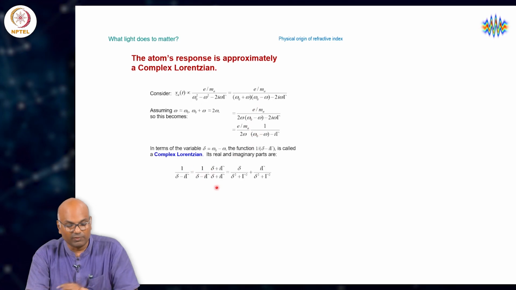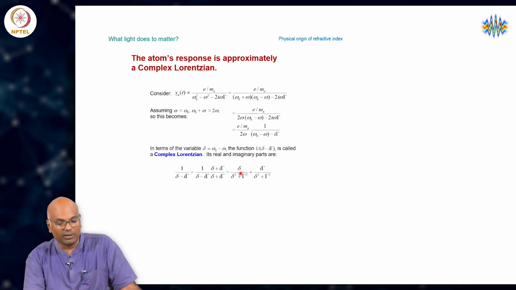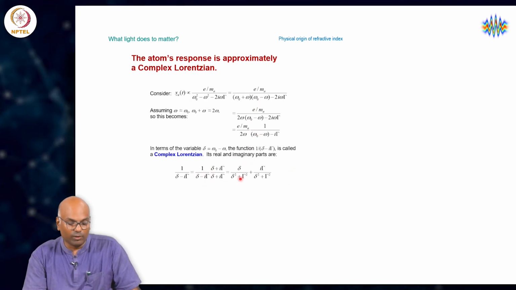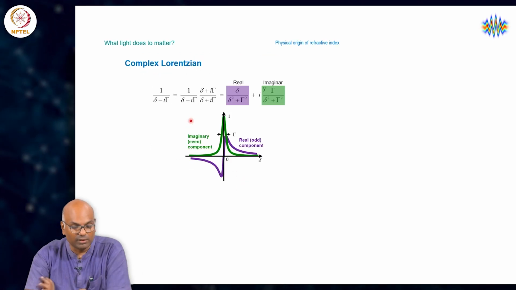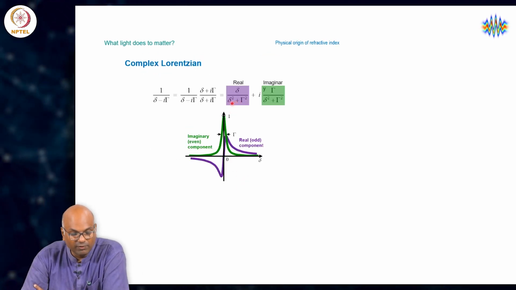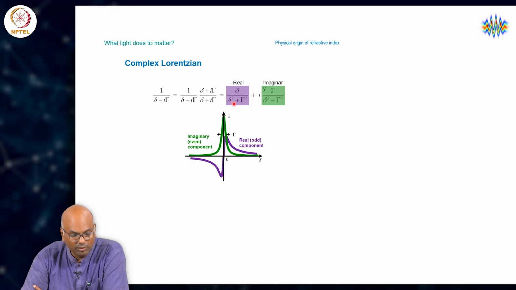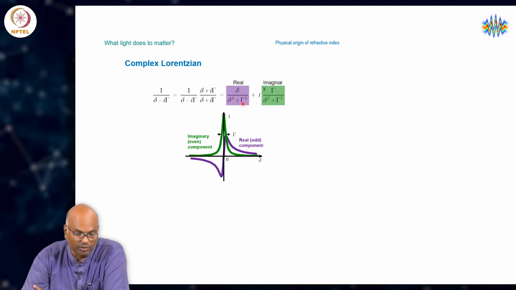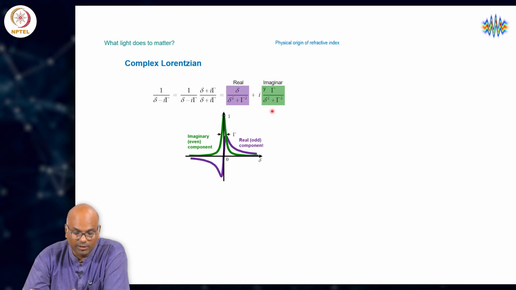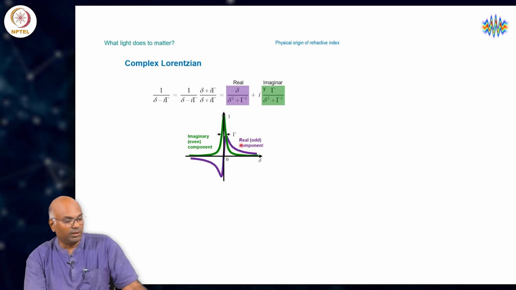Then write this in terms of the real and imaginary parts, as we have done here, and we can look at the fact that the real part is an odd function of delta, whereas the imaginary part is an even function, and this is how they look.